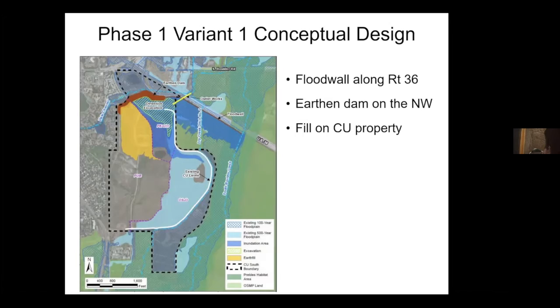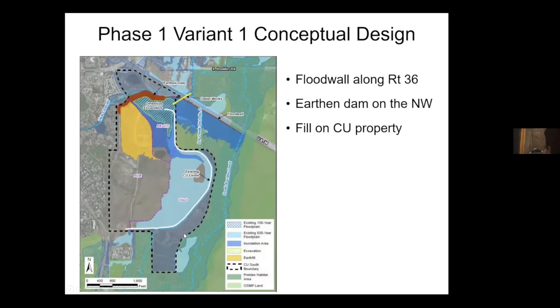Another aspect of this, which is very controversial, is shown in yellow. And that's fill that would be added to the CU South property. It's tens of thousands of cubic yards. And the idea here is that it would raise this part of the CU South property, which, by the way, is inscribed with these heavy dashed black lines.